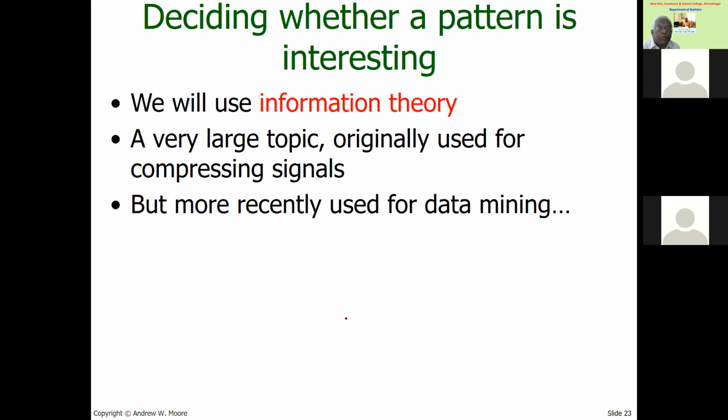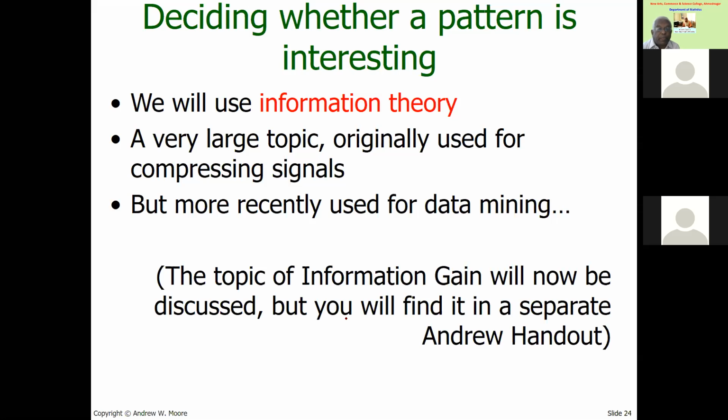Yesterday, I showed you information values, the information index. The more the information index, the more informative the criterion. It is a very large topic, originally used for comprehending signals, but more recently used for data mining. The topic of information gain will now be discussed, but you will find it in a separate handout.